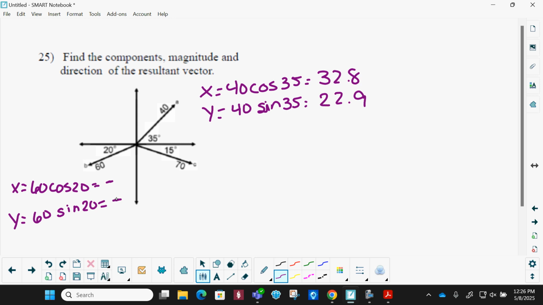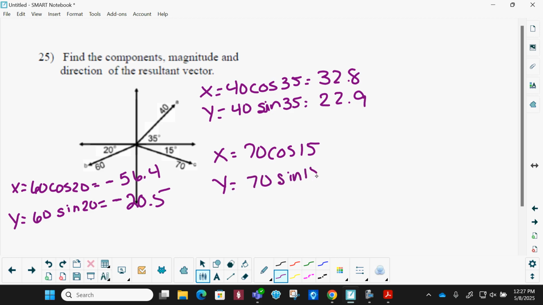So I'm going to hit sine first: negative 20.5, and cosine of 20: 56.4. And then one last time here: 70 cosine 15 and 70 sine 15.